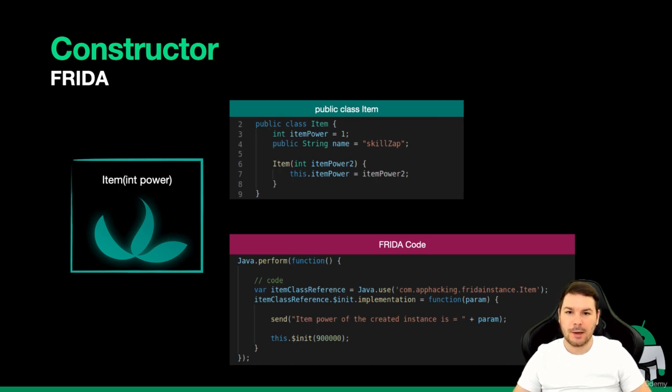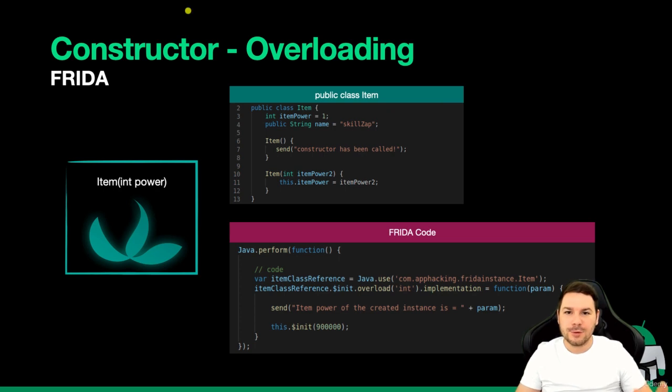Perfect. If we are having multiple constructors, like in this case, then we have to simply overload it like we have seen this in the last couple of videos. So over here we're having now two constructors. This one does not have a parameter, and this one over here has an integer parameter. If we now want to hook the one with the integer parameter, we need to get our class reference, we need to apply this $.init for the constructor, and then we need to overload it regarding the amount of numbers and types of these parameters.